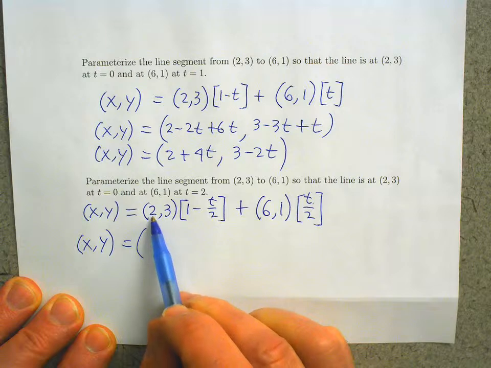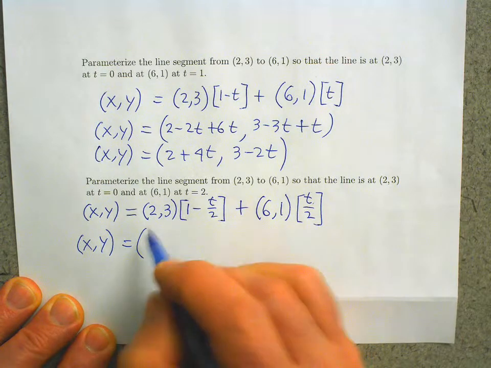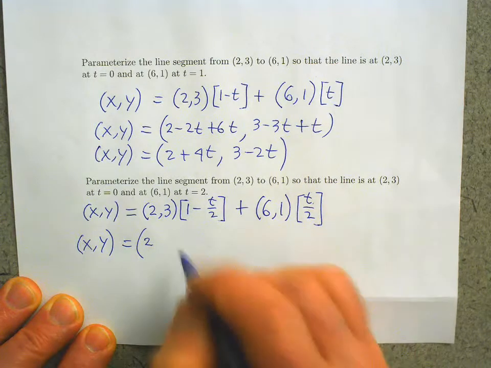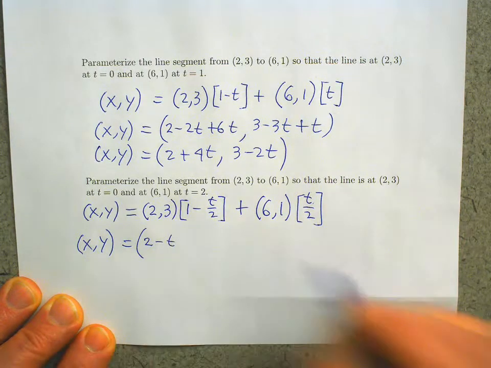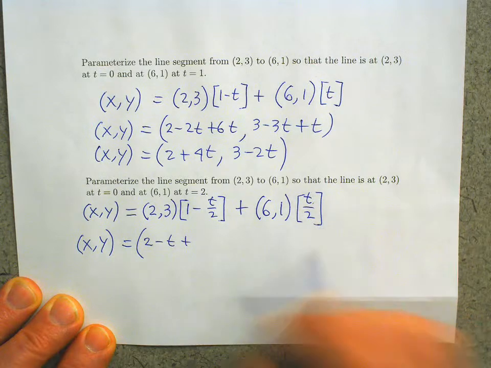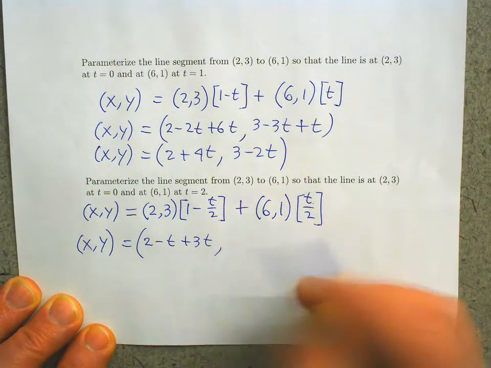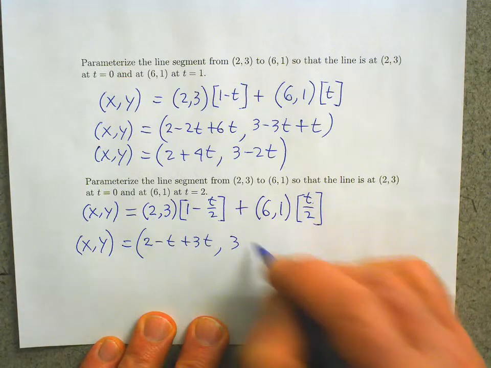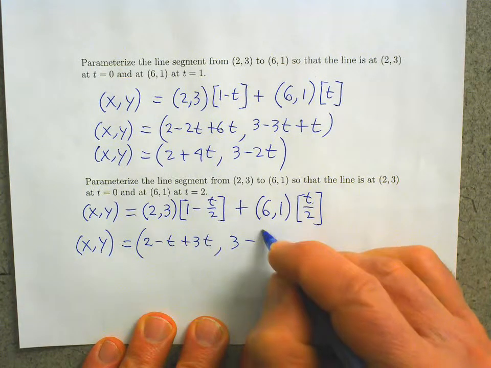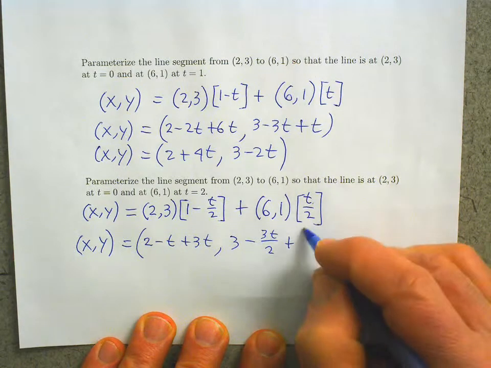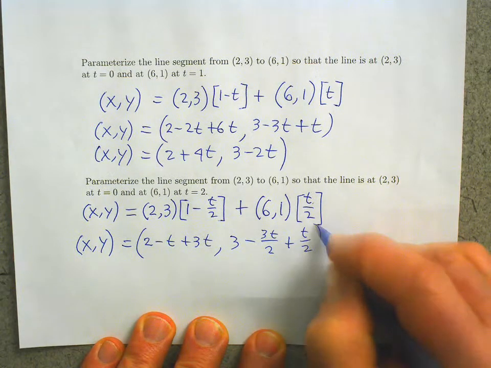So the x-coordinate, 2 times 1, and then minus 2 times t over 2 is just minus t, plus 6 times t over 2 is plus 3t. Then the y-coordinate, 3 minus 3t over 2, plus 1 times t over 2.